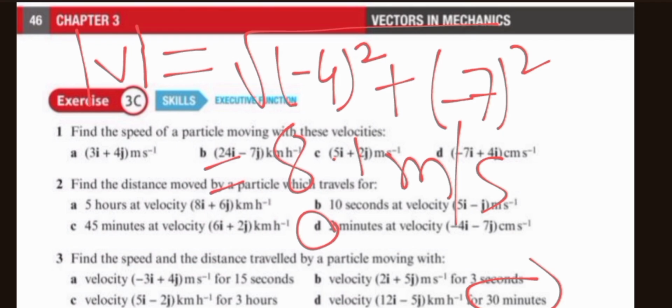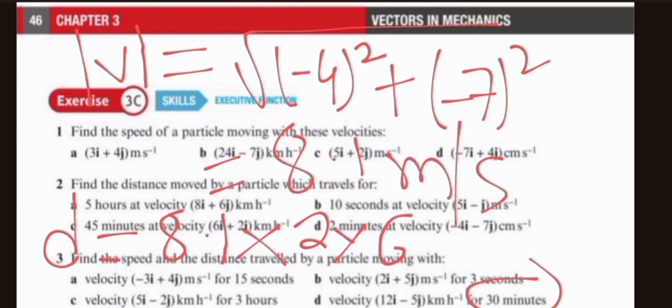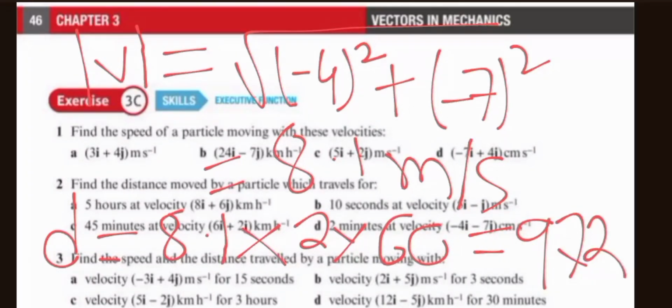So we're just going to convert it in seconds. So distance is 972 meter.